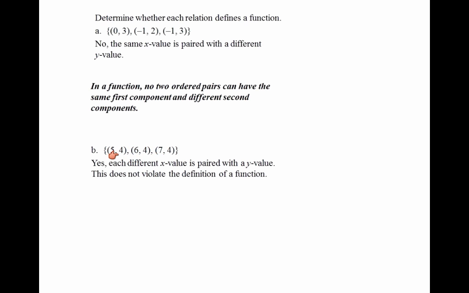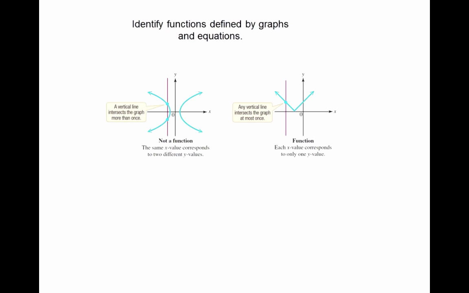Yes, because the numbers from the domain do not repeat. They do not map to different numbers in the range. So this set of numbers corresponds to a function. This other set does not. So look at the first element of the ordered pairs only.